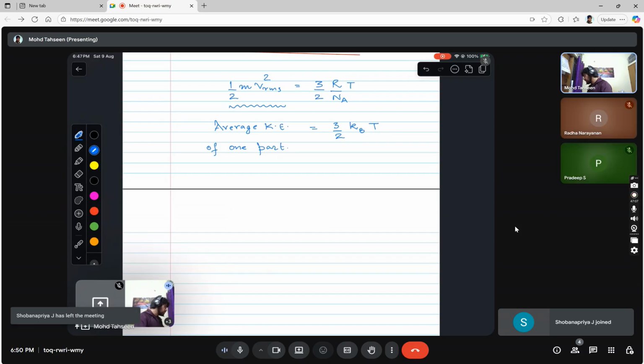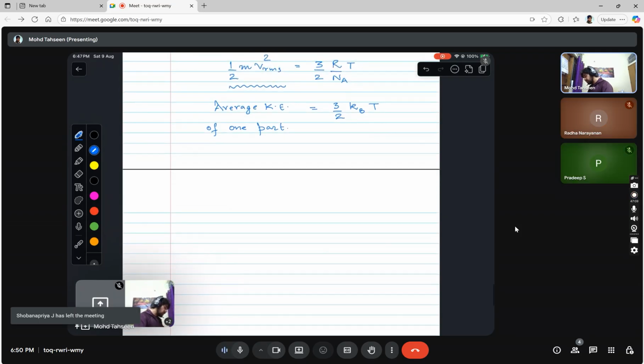Okay, and now if we have to write the energy of the entire system, let me write it: average kinetic energy of gas, all the particles, right? I just take this energy and multiply it with the total number of particles, right?